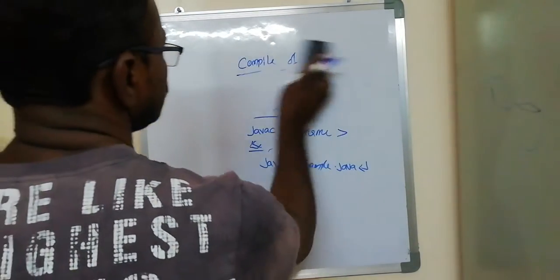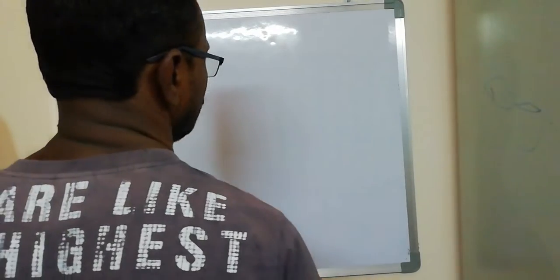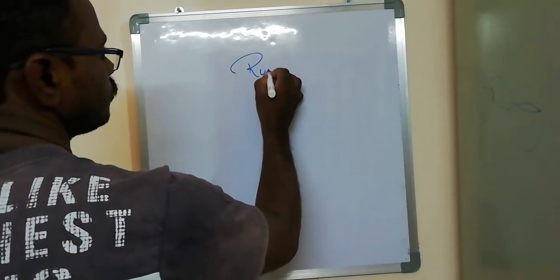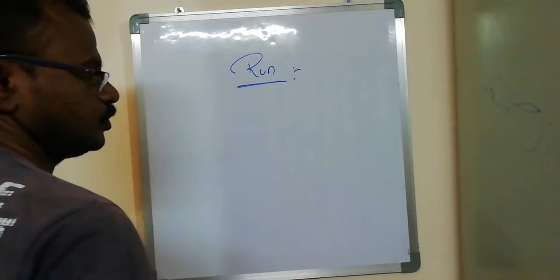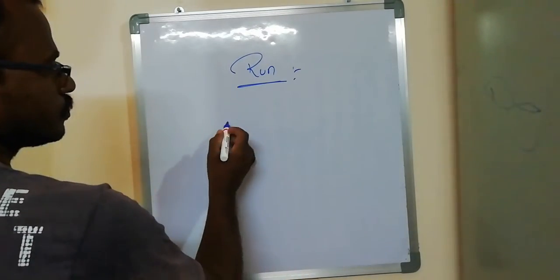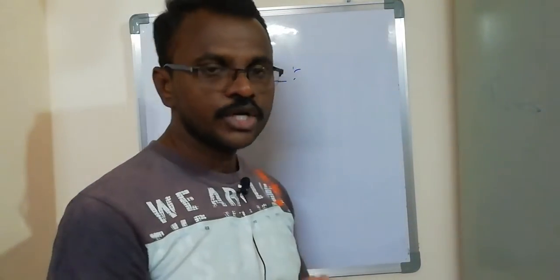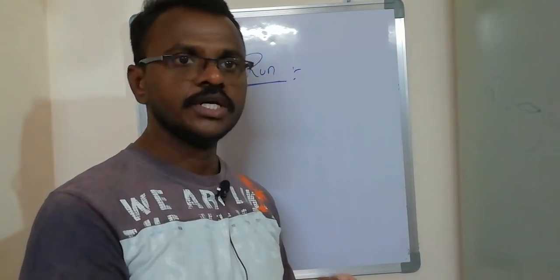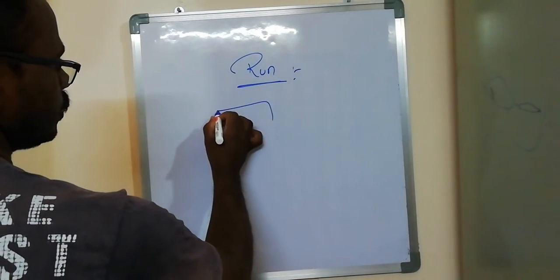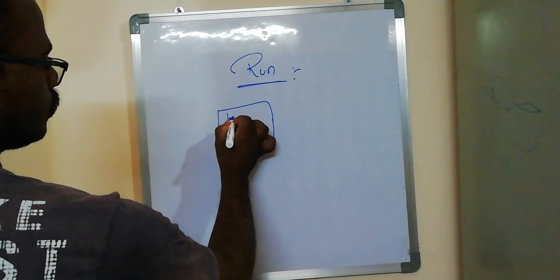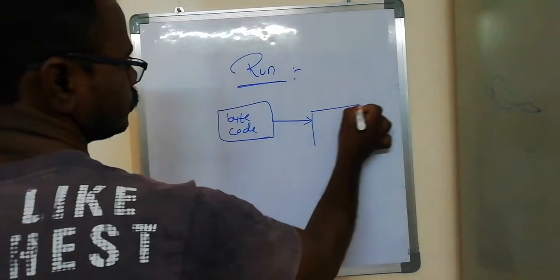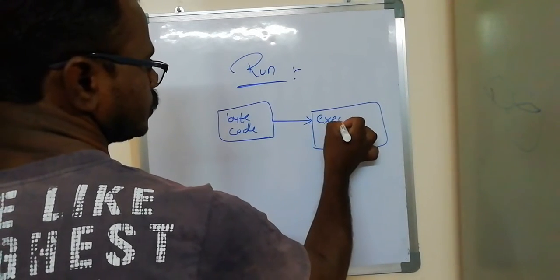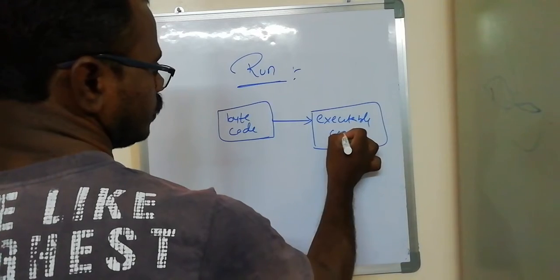The next topic is how to run a Java program, or execution of a Java program. We can run any Java program by converting the bytecode file into the executable code file.